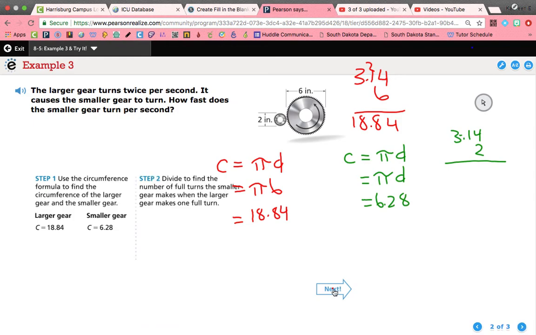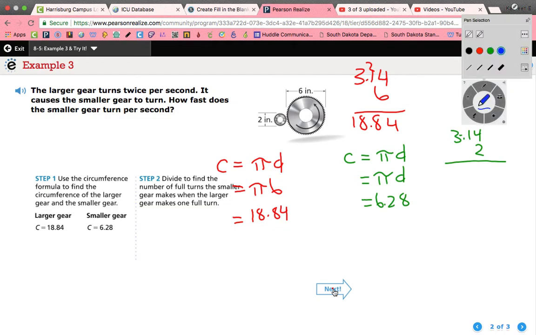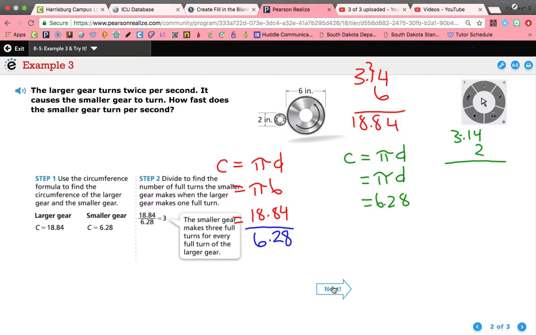Next. Step 2, divide to find the number of full turns the smaller gear makes when the larger gear makes one full turn. So we're going to do 18.84 divided by 6.28, which will give us an even 3.